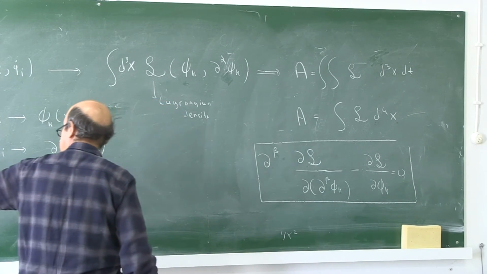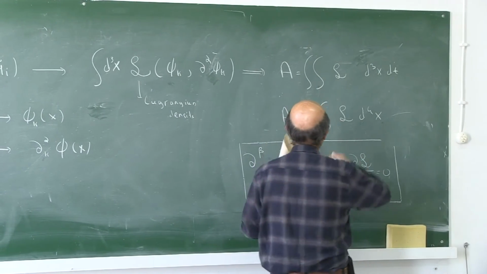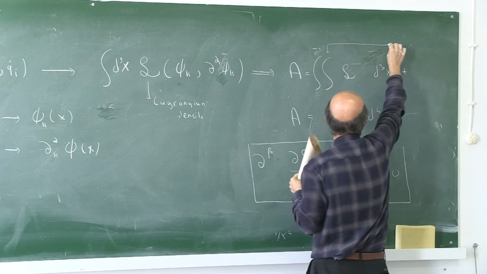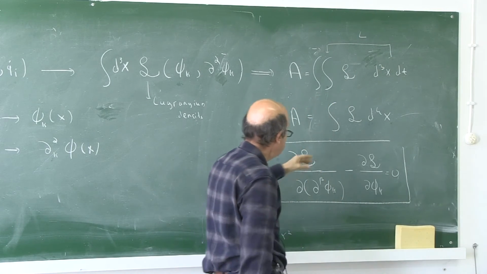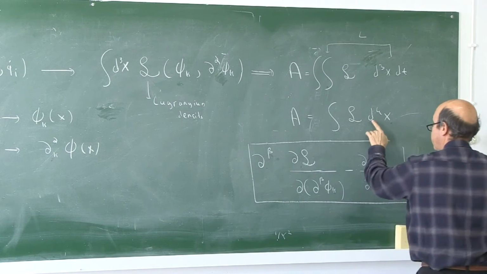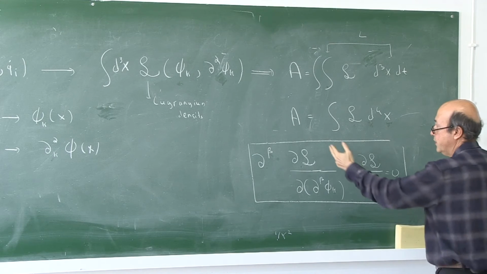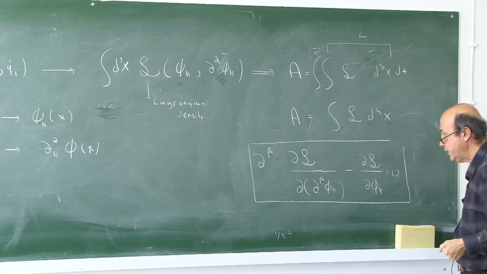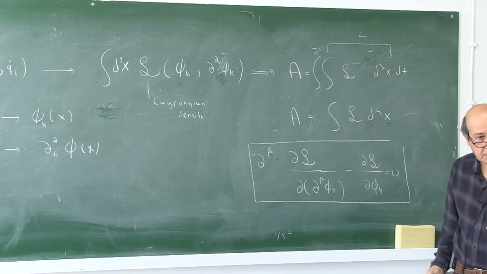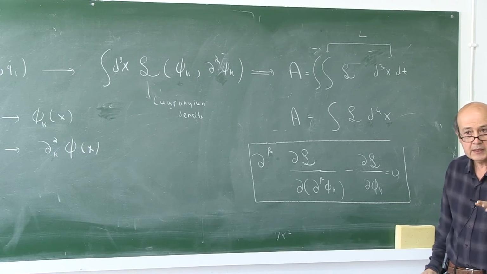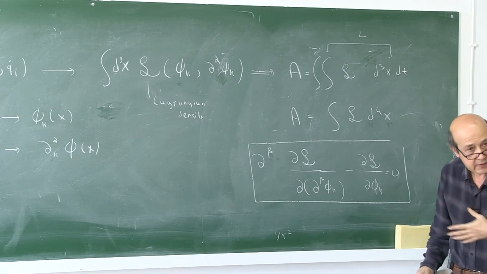The action by definition is the same. So this piece is for the Lagrangian L, and the other integral is for the action, and that makes a four-dimensional integral of the Lagrangian density. And if you take the variation and find the equation of motion, you will find the equation of motion of what? Not a charged particle.